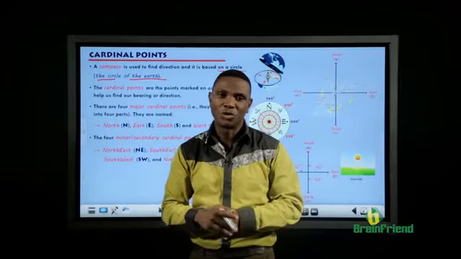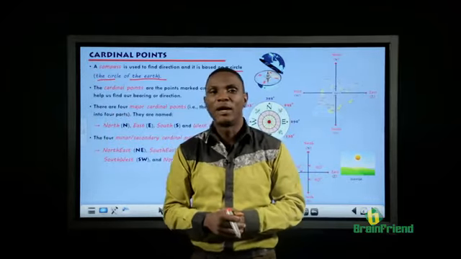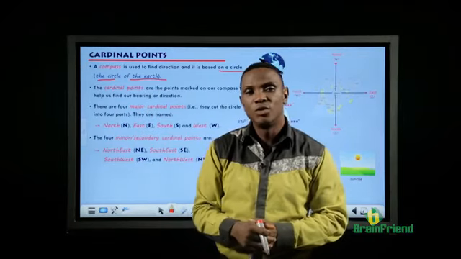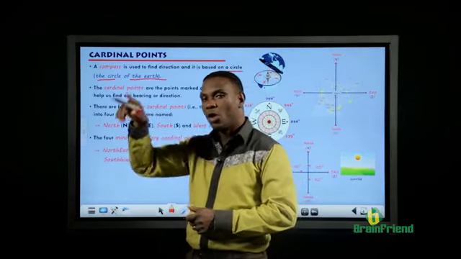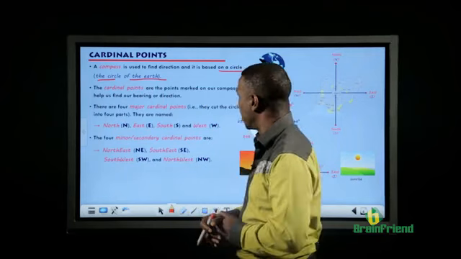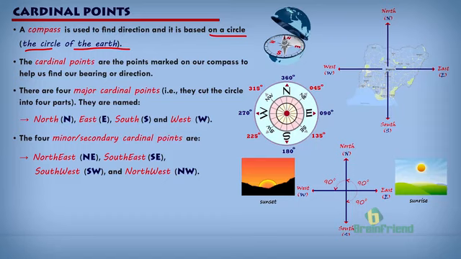So a compass is also shaped in a circular manner, and finding bearings using the compass is also done in a circular manner. Now, a typical compass has points marked on it called cardinal points. These points are what we really use in finding the bearings or direction.